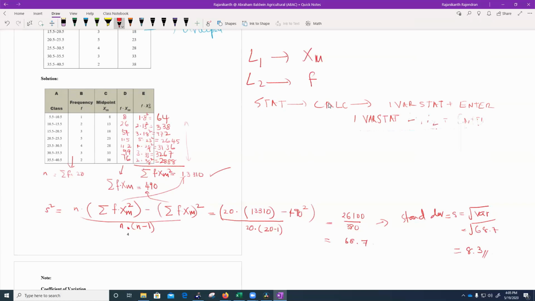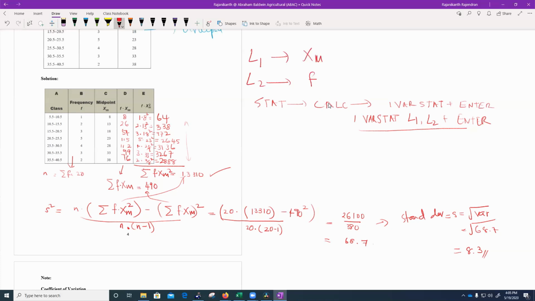Follow this step. You could use this command to find the sample mean for the grouped frequency distribution I explained in the previous section. If you want, you could use this command there also. But I showed a different way there, by finding the product of f times xm in the L3 column.